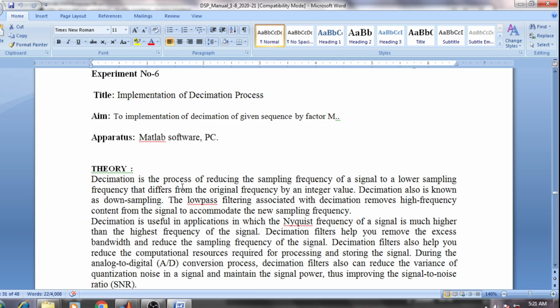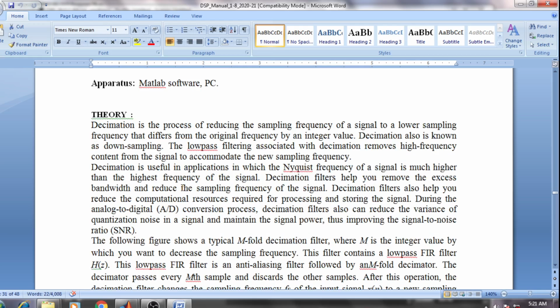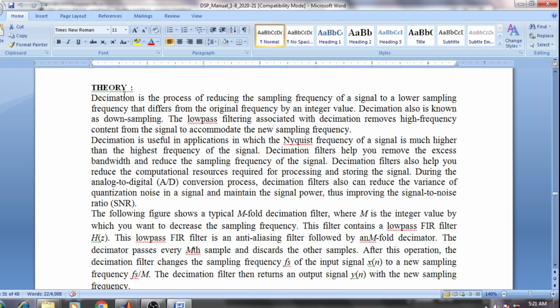So here, what is decimation? Decimation is the process of reducing the sampling frequency of a signal to a lower sampling frequency that differs from the original frequency by an integer value.